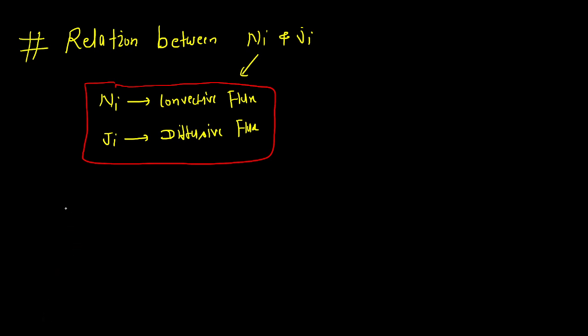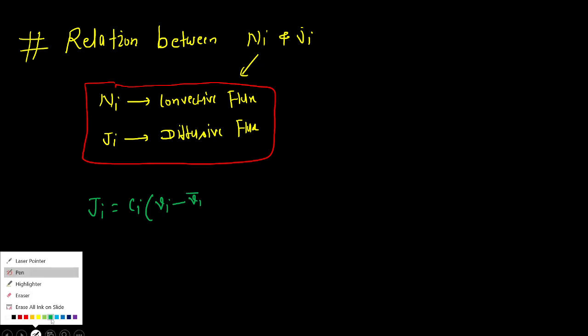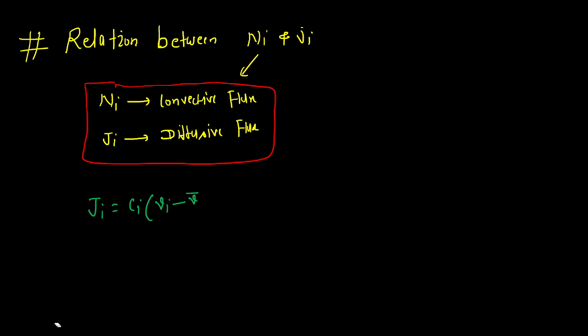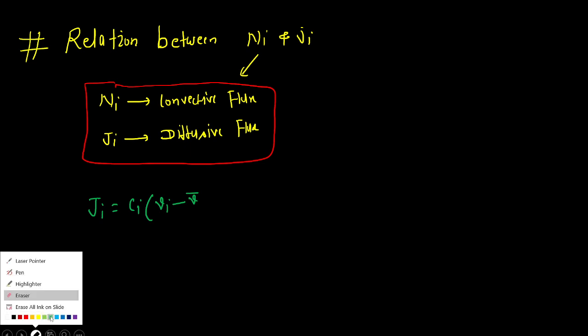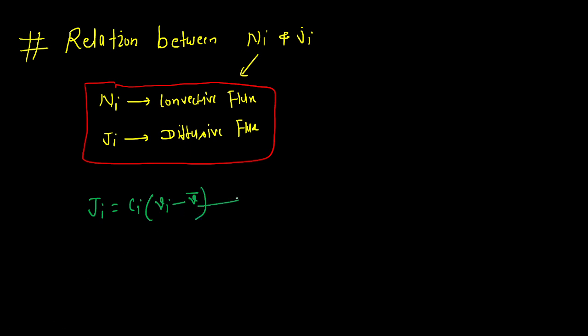In the previous lecture I discussed the formula for how we define Gi. Gi is defined on the basis of the molar average velocity, Vi minus V bar, where V bar is the average velocity.